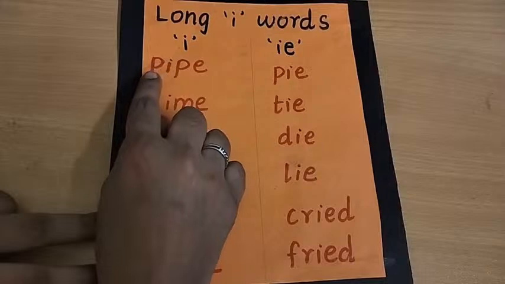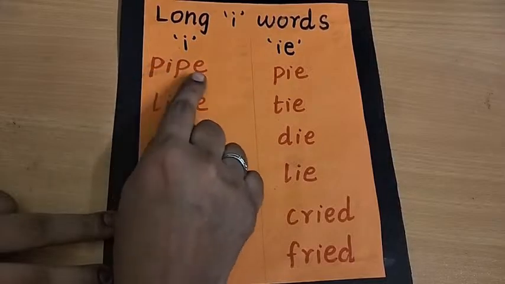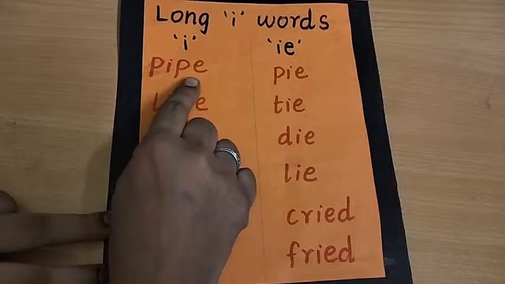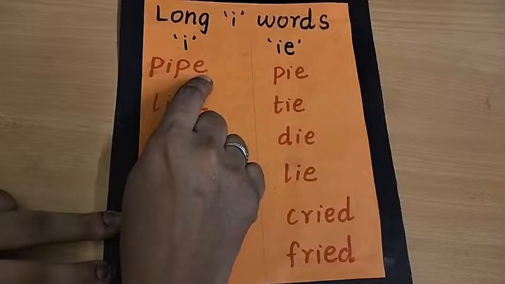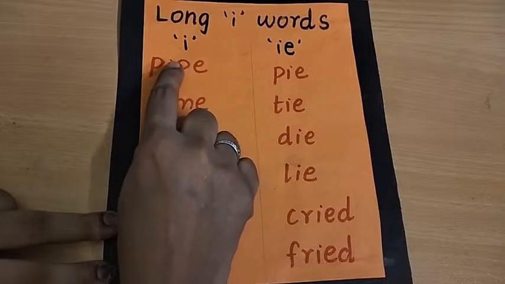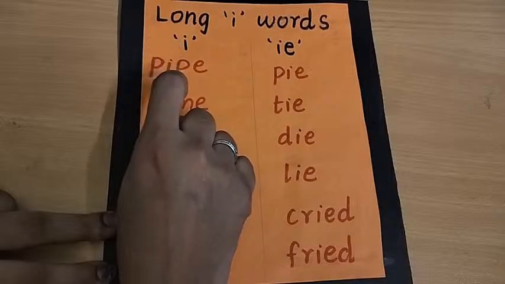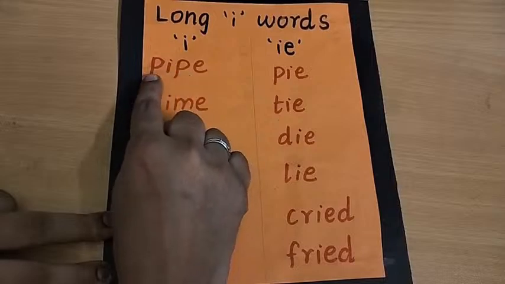Okay, so P-I-P-E. See, how we have to pronounce this word is that you have to clearly watch out what letter is at the end. So you have the end letter as E. So the vowel inside takes its actual sound in a longer pitch. Okay. P, I, P. Pipe.